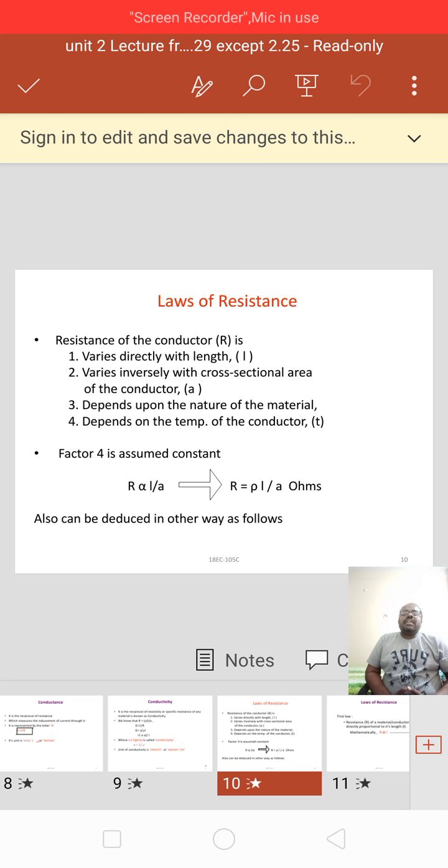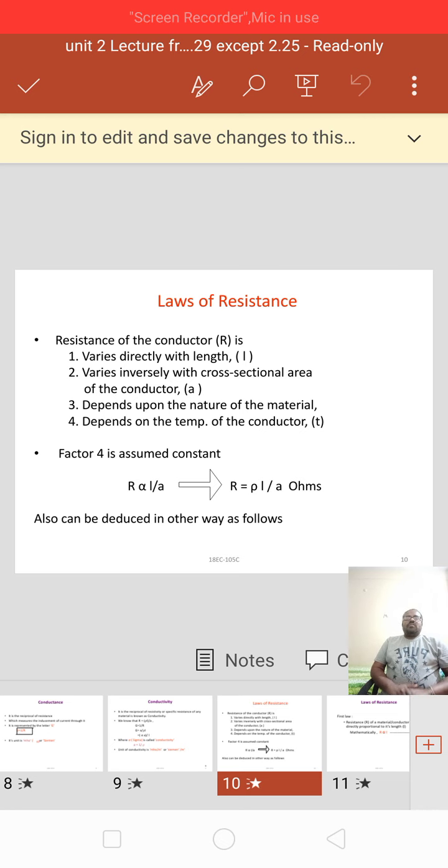These are the main laws for resistance with regards to the derivation of the resistance value R equal to rho into L by A. Resistance of the conductor R varies directly with length L and varies inversely with cross sectional area of the conductor A, depends upon the nature of the material, depends upon the temperature of the conductor T. Factor 4 is assumed as constant.